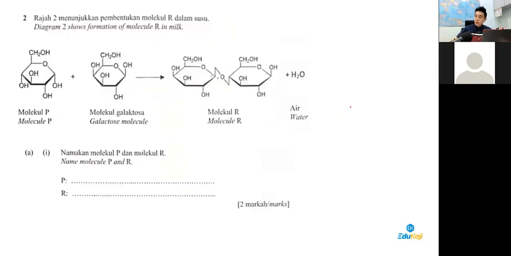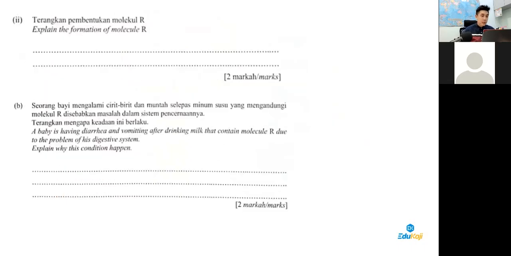Next one is from Form 4, chapter 4, because glucose and galactose will form lactose and water. Explain the formation. Ever since 2016 or 17, there has been a rise in popularity of this type of question.